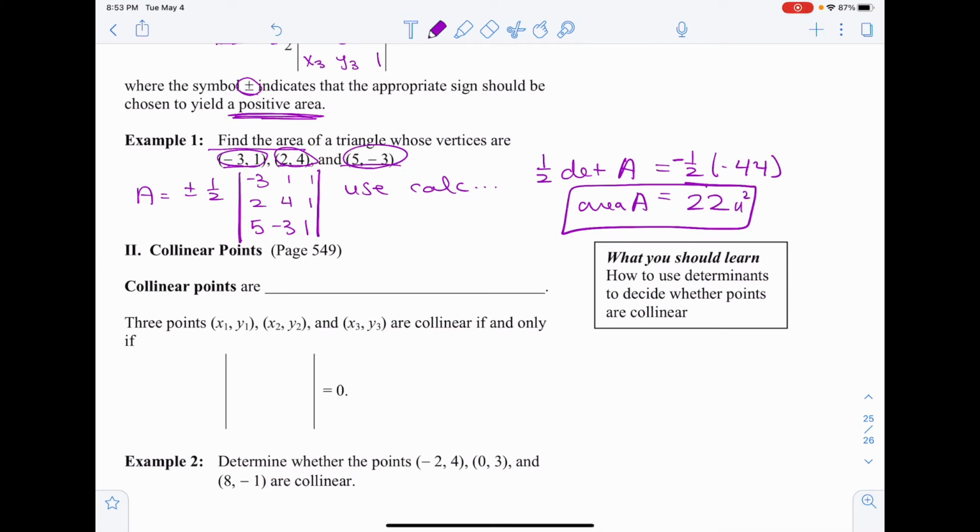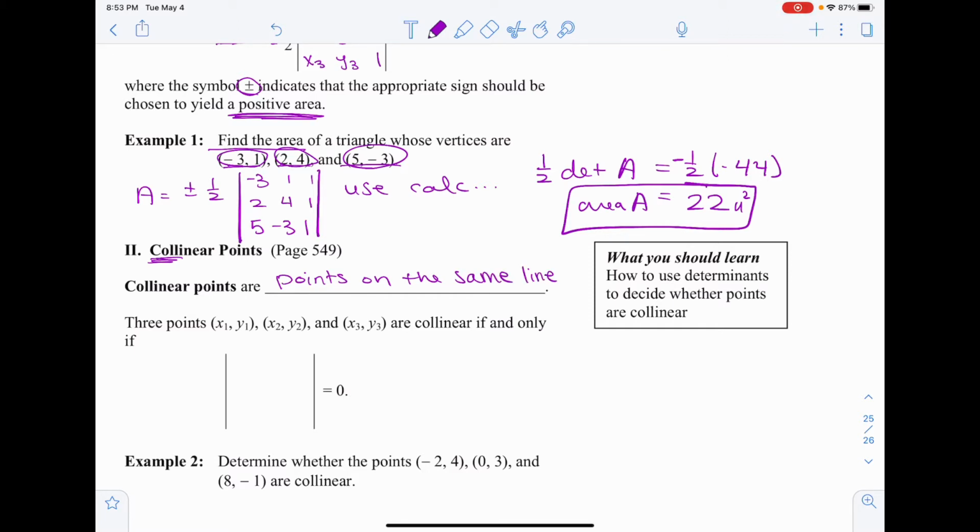Okay, let's talk about what collinear points are. Remember, co means to share, meaning they're on the same line. So collinear points are points on the same line.